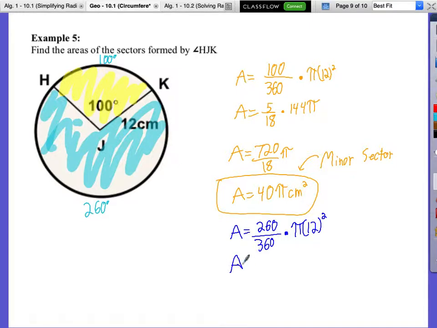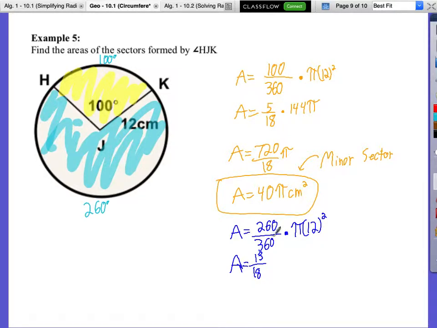So now, let's do some thinking real quick. Before we even try and reduce 260 over 360, if this was 5/18ths, how much does this have to be? 13. How'd you get 13? Take 18 minus 5, and you get 13, because they have to add up to a whole, so that would be 18/18ths together.